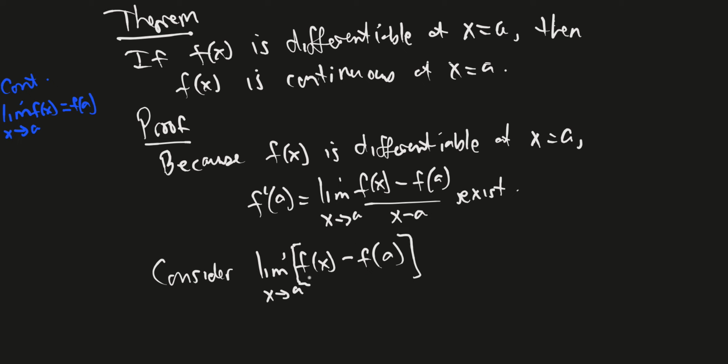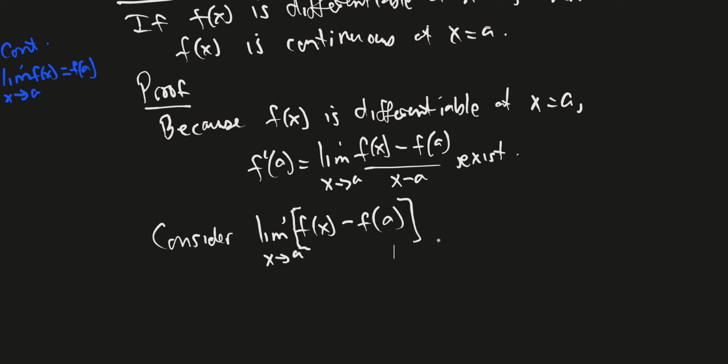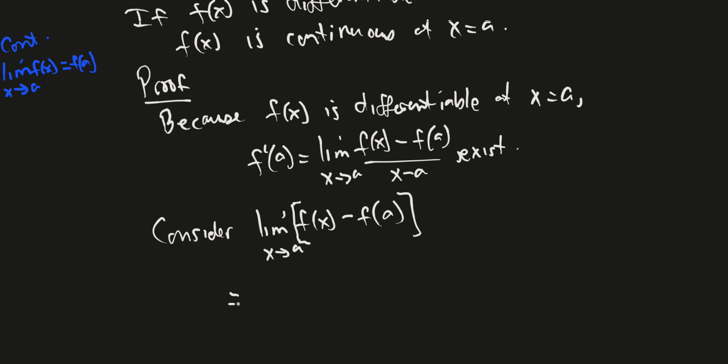So let's consider this expression, and what I'm going to do is multiply the top and the bottom by x minus a, right? So this will be equal to the limit as x approaches a. So multiply the top and the bottom by x minus a.